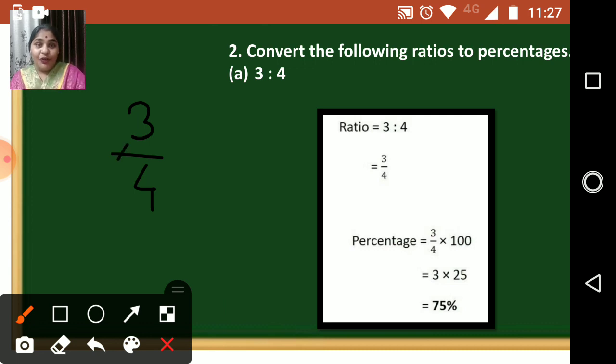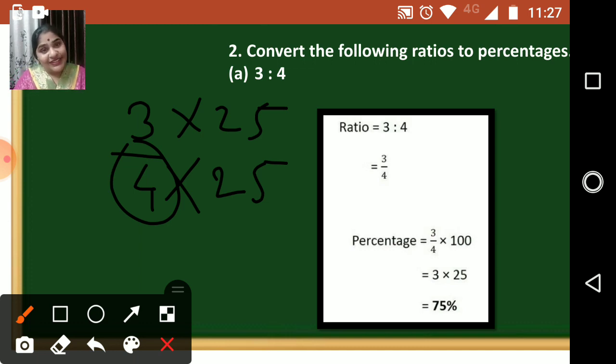Now when it is 4, I know 4 into 25 is 100. So I will multiply 25 in numerator and denominator, right? And whatever numerator I then get, that will be your percentage, right? 3 into 25, whatever you will get, right? Now you will get here 75. 25 into 3 is 75.